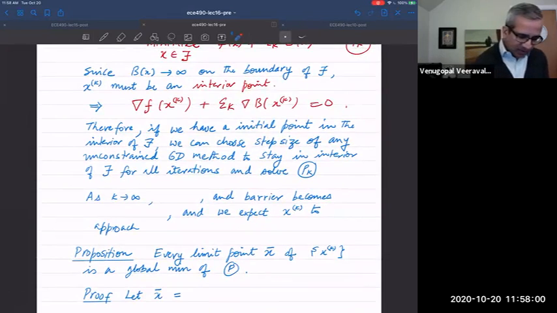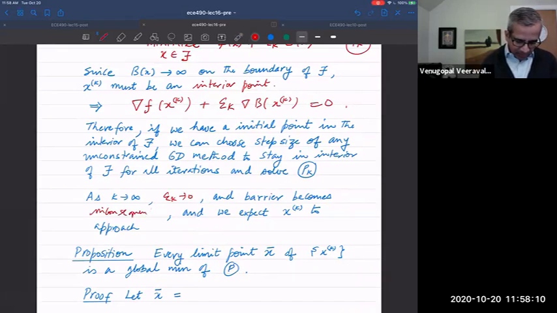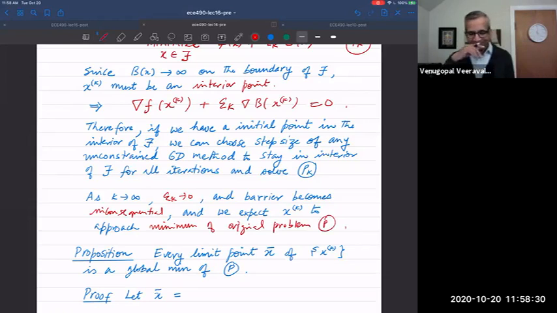So as epsilon goes to 0, the barrier becomes inconsequential, and we expect xk to approach the minimum of the original problem, which is P. That's what we expect intuitively, but we have to prove it.